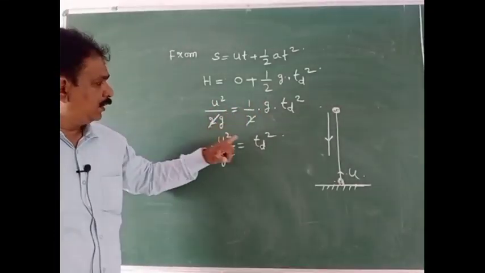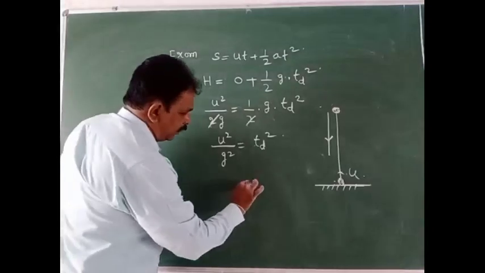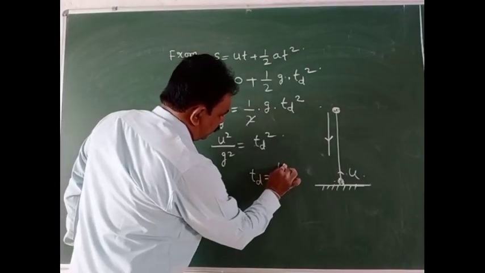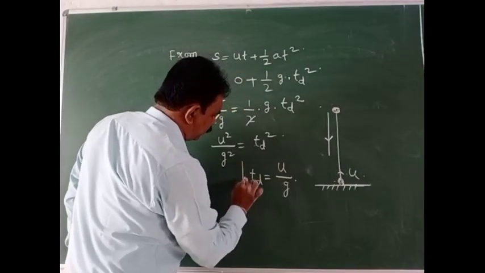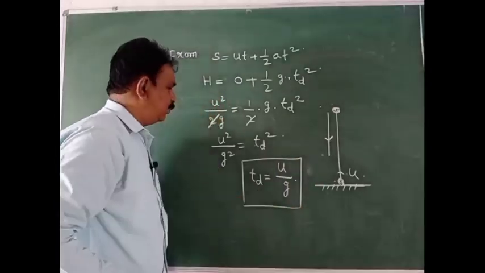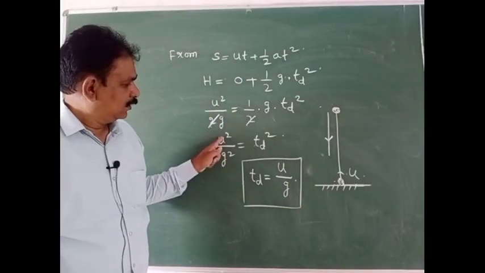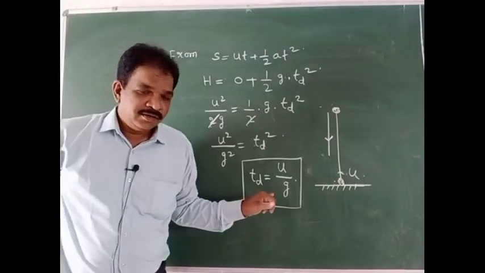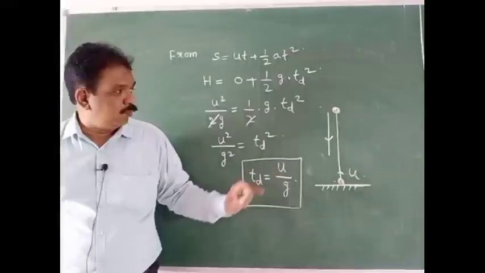Then, taking the square root, TD is equal to u by g.